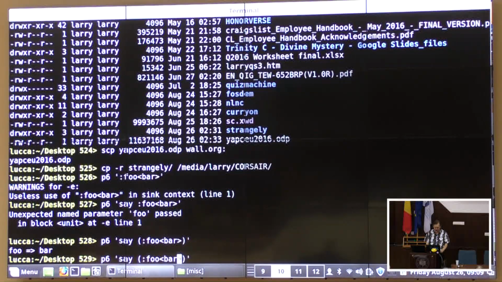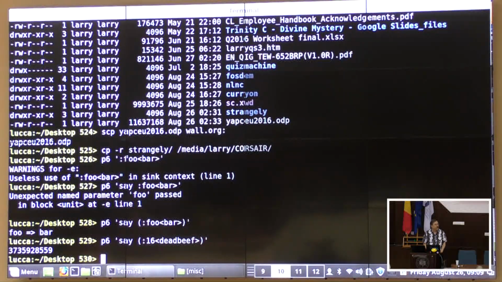But the same notation is reused for radix notations, for options on quoting constructs and s///, and regular expressions.